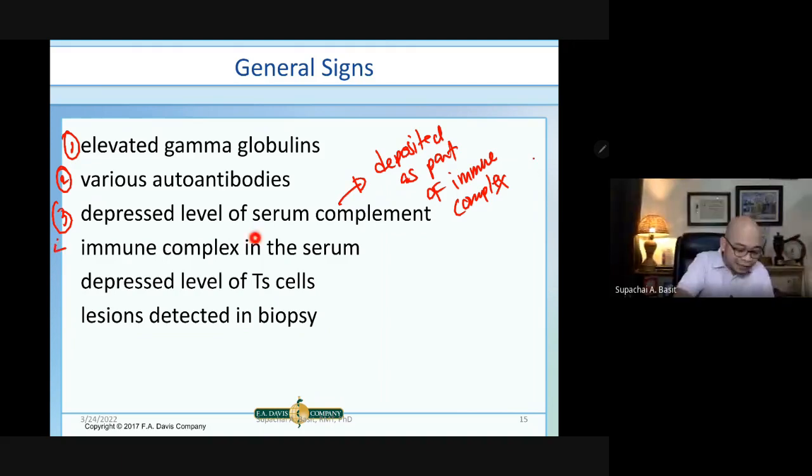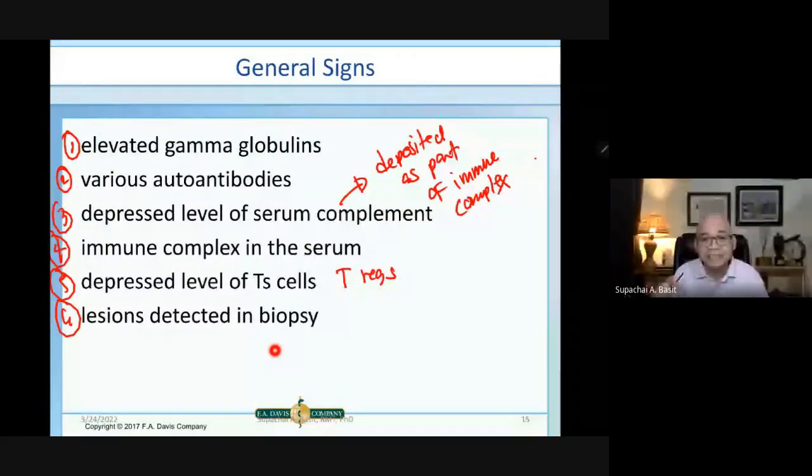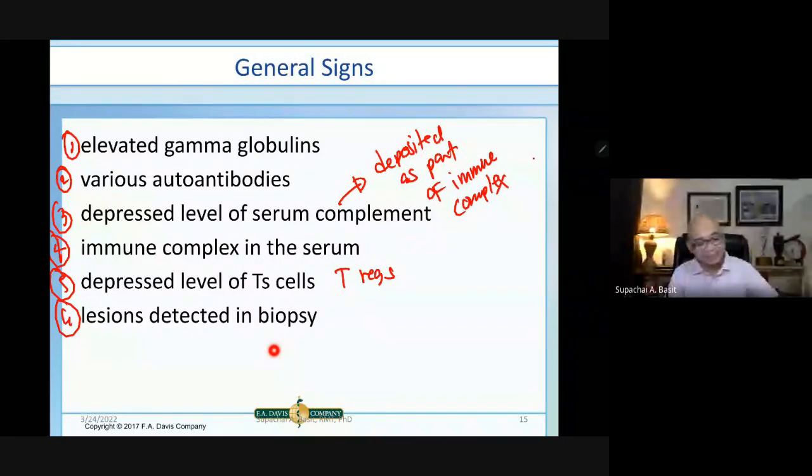Number 4, there is an immune complex in the serum. Number 5 is a depressed level of suppressor T cells, or Treg. And there would be lesions detected in the biopsy. So these are the general signs of autoimmune diseases.